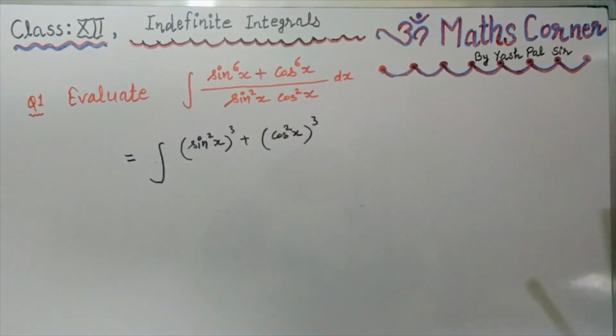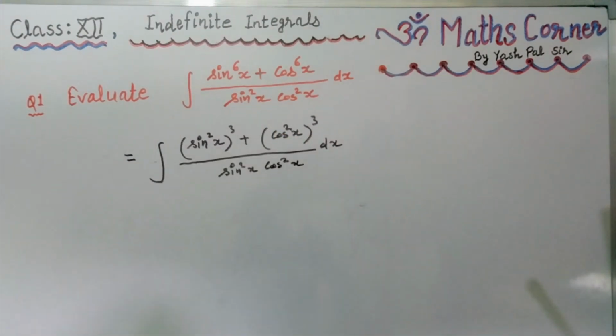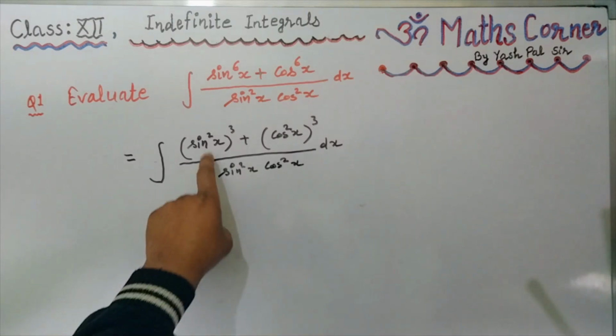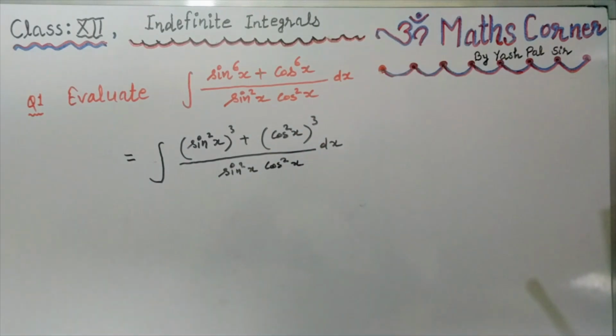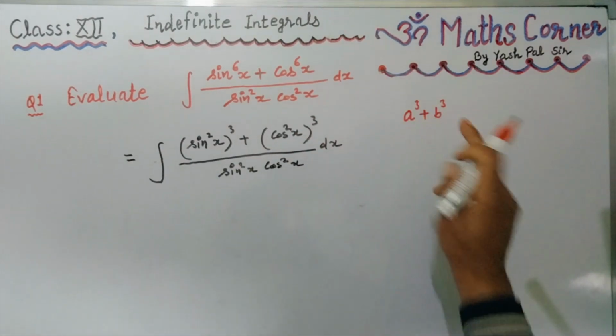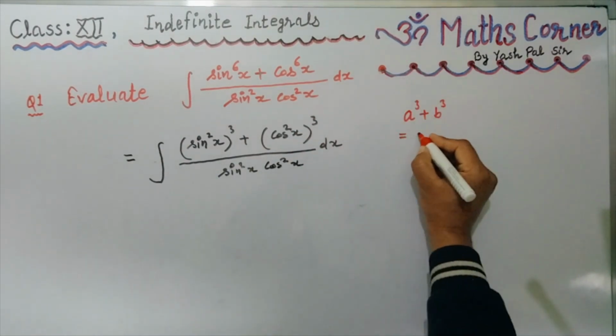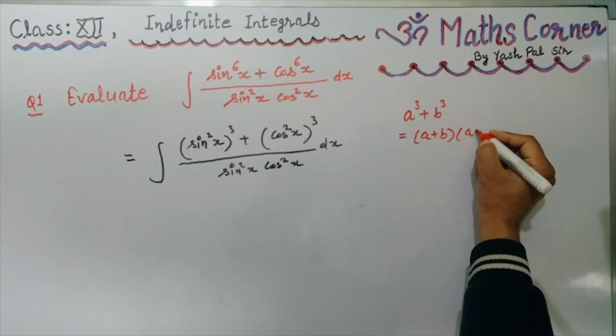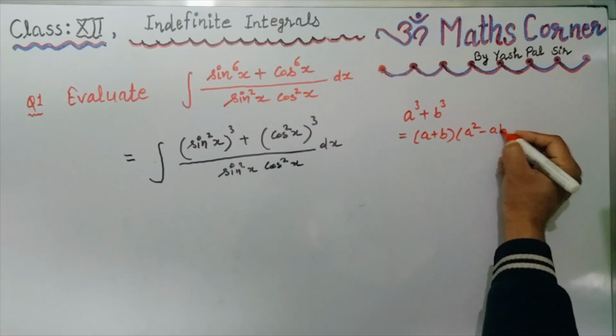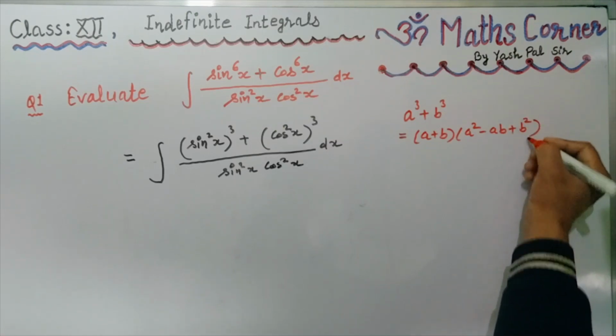Denominator is the same, sin^2 x cos^2 x. Now see the numerator, a^3 + b^3. The formula is a^3 + b^3 = (a + b)(a^2 - ab + b^2).